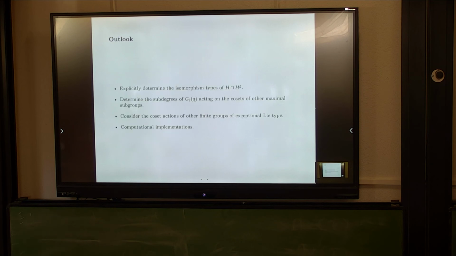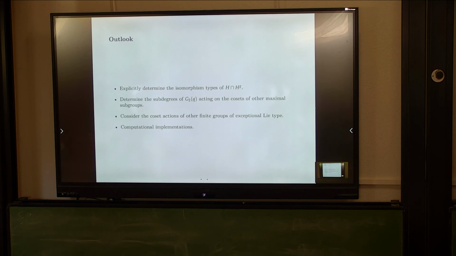But also along the way, I mentioned that I was looking at a question that's slightly different and less useful and slightly harder, because I started out trying to classify all these intersections up to conjugacy. They can be distinct cosets, but they might still be conjugate.